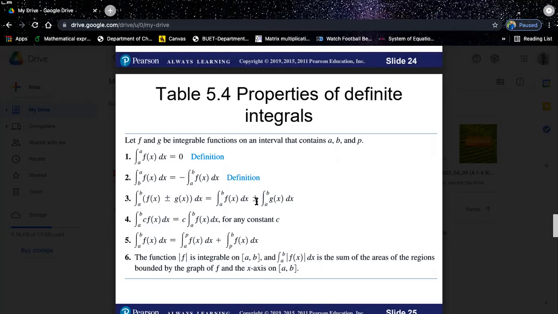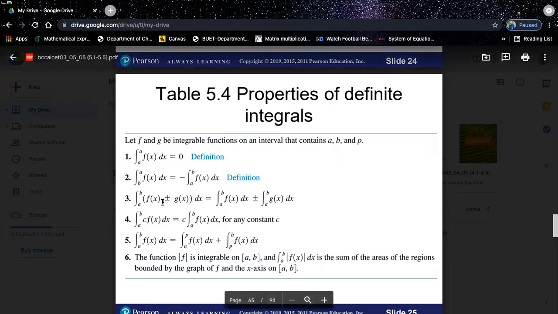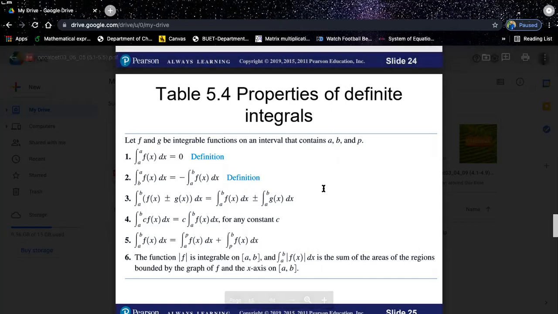If you're supposed to add those, you can add those. If you are subtracting these, you can subtract this. So it will give you the same result. And we have used this in the derivatives as well, right? We did say it is the sum rule, right? So the idea is the same again.